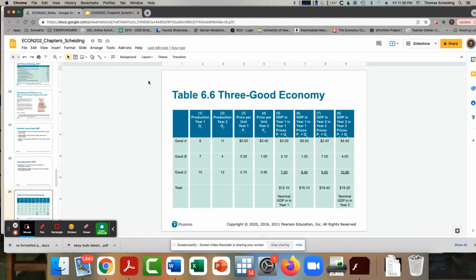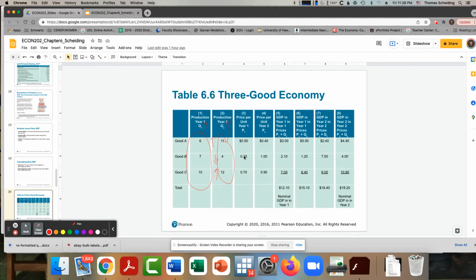And so here you can see the quantity levels for year one and then for year two. Here we're seeing an increase, a decrease, and an increase.